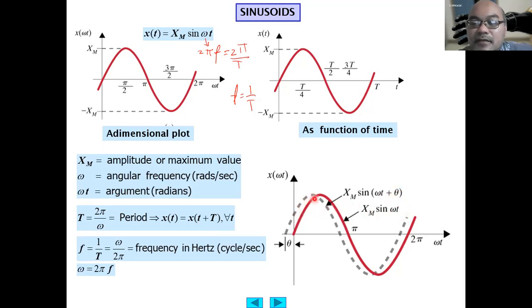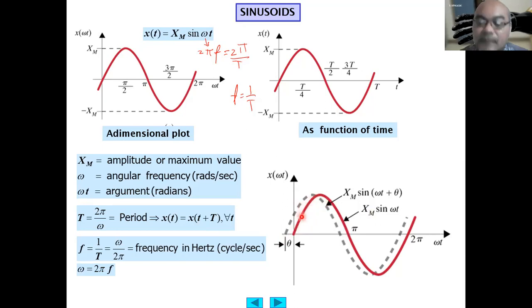So the gray dashed line leads the red wave by theta. What does it mean? When omega t equals 0, the value is already sine of 0 plus theta, the value of phase theta, so it's not 0 anymore. Well, if it is the original wave Xm sine omega t, at t equals 0 the value is 0.